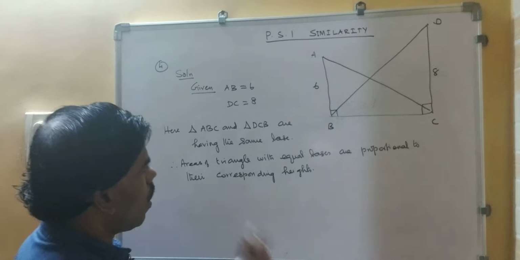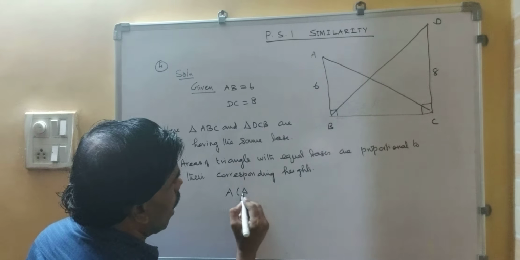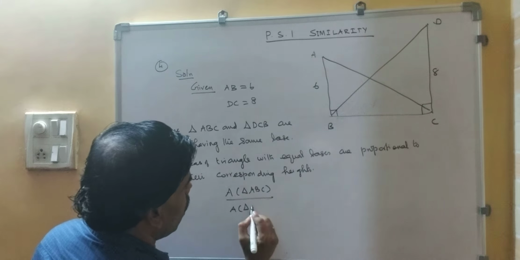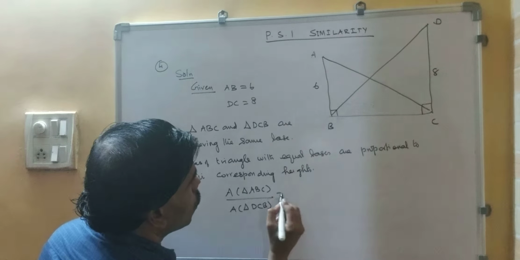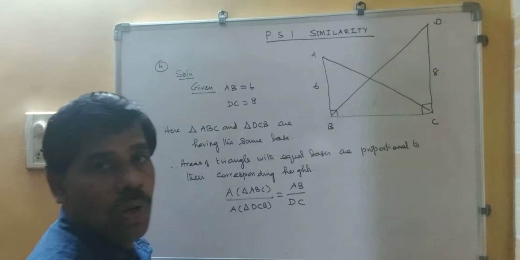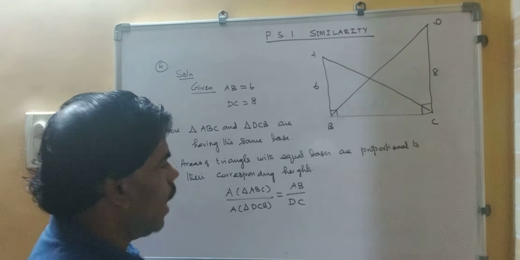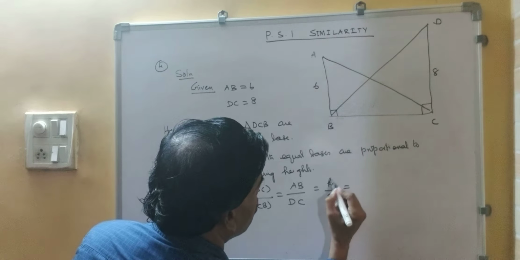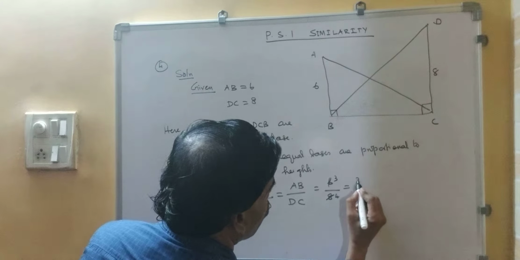That means area of triangle ABC upon area of triangle DCB is equal to AB upon DC, because they are their corresponding heights. So 6 upon 8 equals 3 upon 4.